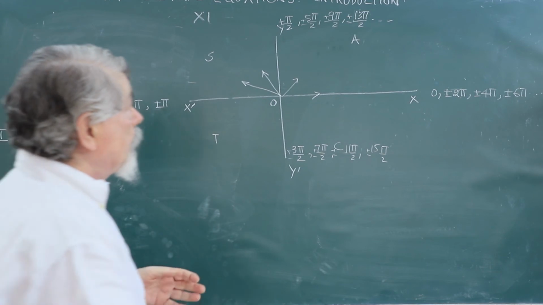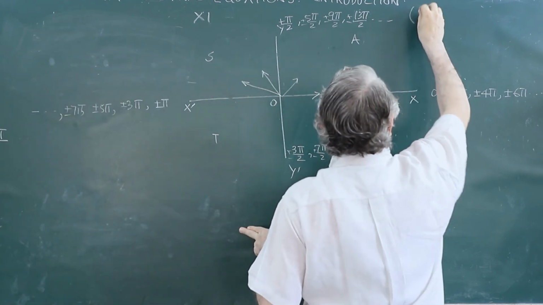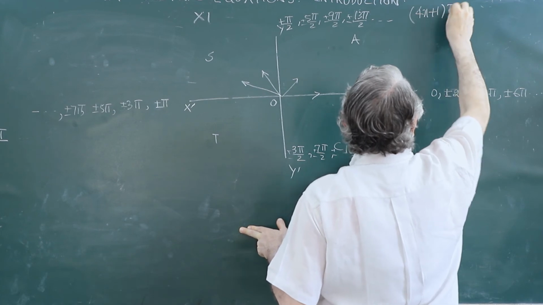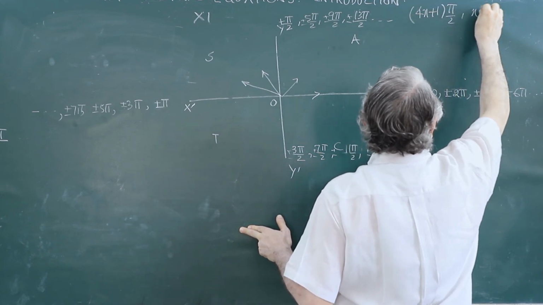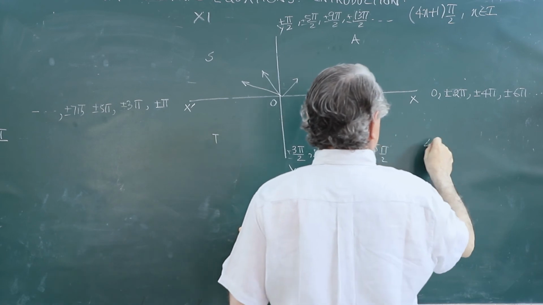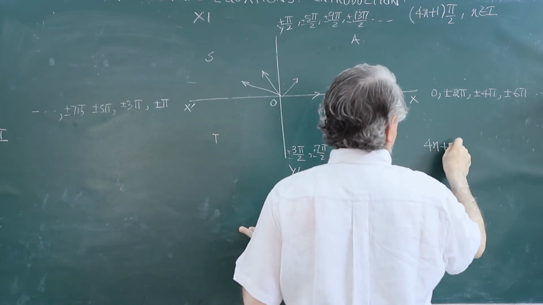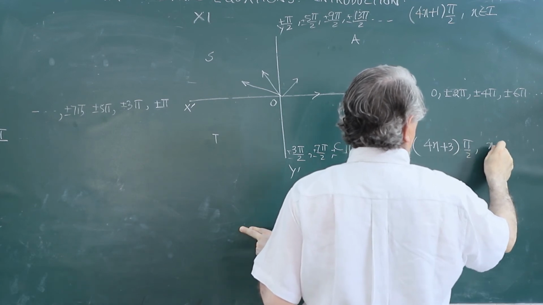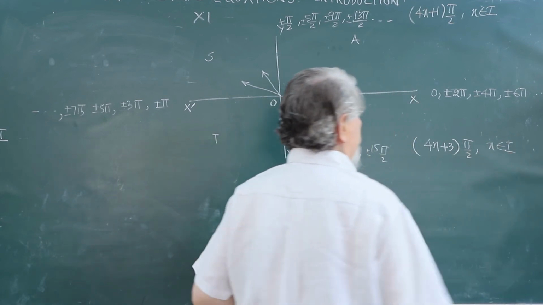So on this line we get 4n plus 1 pi by 2, where n belongs to the set of integers, and on this line we get 4n plus 3 pi by 2, where n belongs to the set of integers.